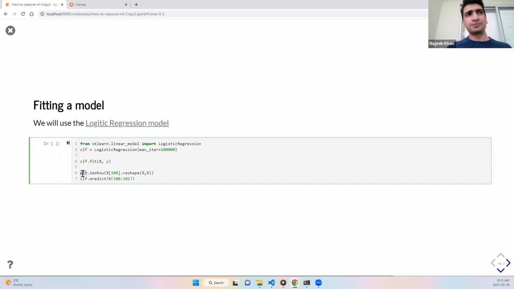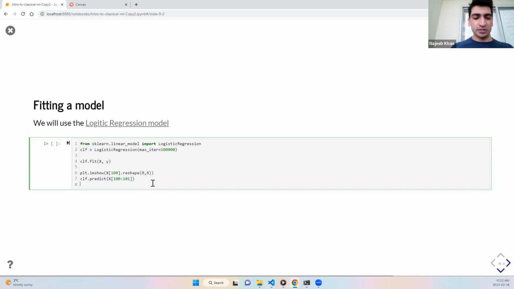Then here I'm going to display the image as input, and then use that image to do a prediction. So let's do this. Here it's going to train the model. It will take a few seconds, hopefully.